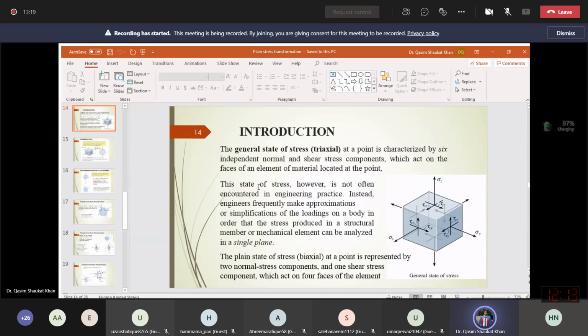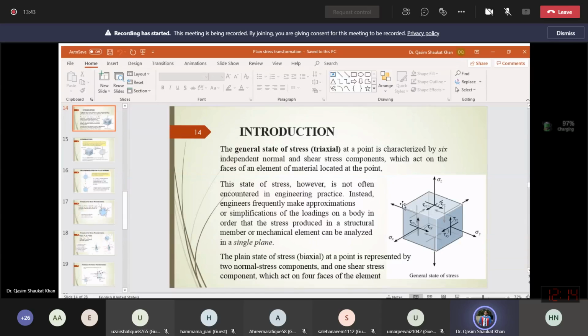Instead, engineers frequently make approximations or simplifications. Instead of having a triaxial stress state, which means you are working in X, Y, and Z directions, you simplify this and make it a two-dimensional biaxial stress state.